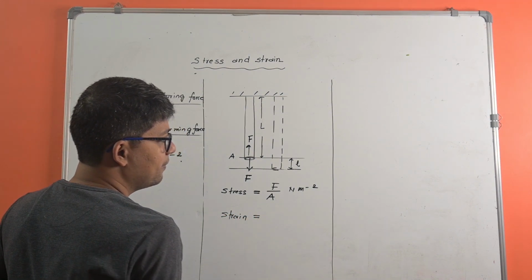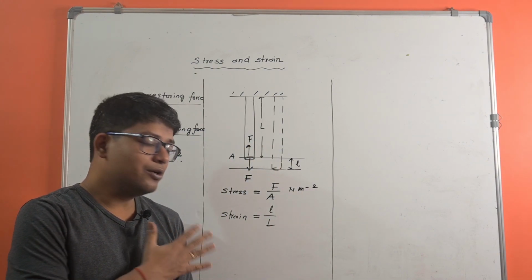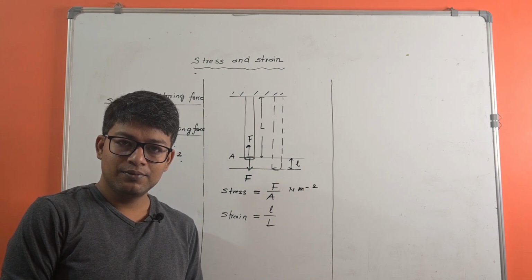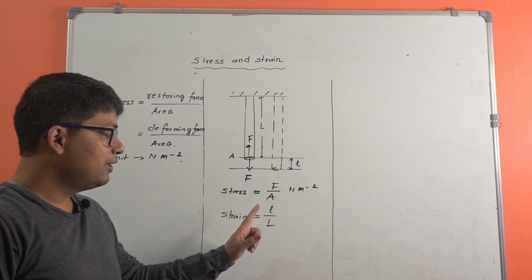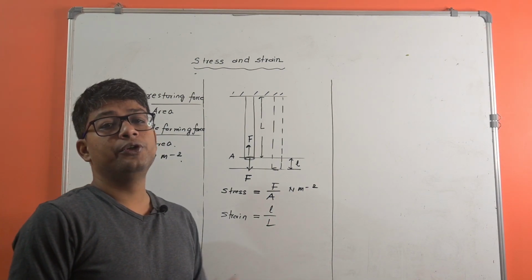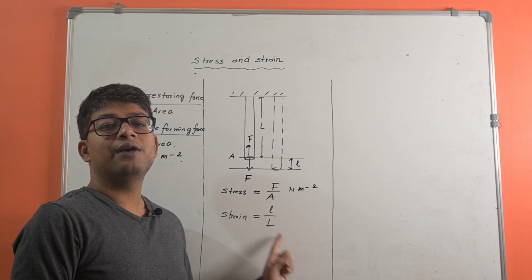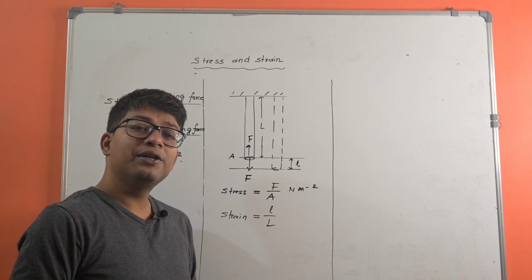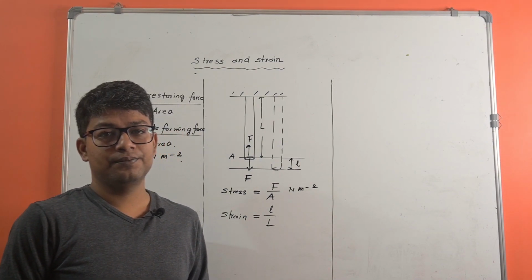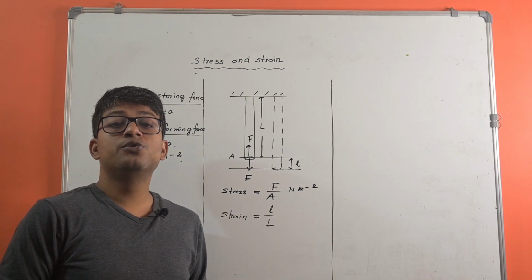Strain will be change in length divided by original length, so that's called strain, fractional change in dimension। ঠিক আছে, so small l by capital L, and for obvious reason strain will have no unit। দুটোই the same kind of unit, এটাও small l, এটা capital L, দুটোই লেন্থের ইউনিট, তাহলে ইউনিটটা হবে কি করে? Right, so it is a dimensionless, unitless quantity। তো elasticity, the stress and strain, these two are very important.